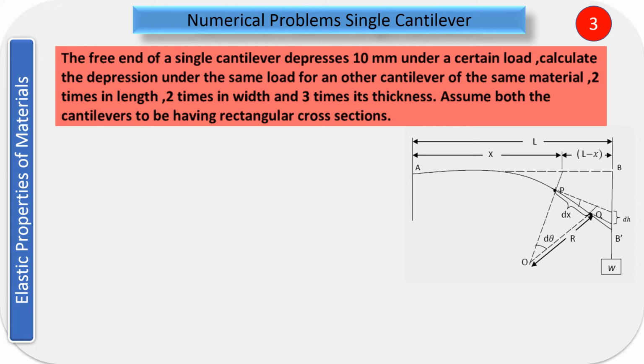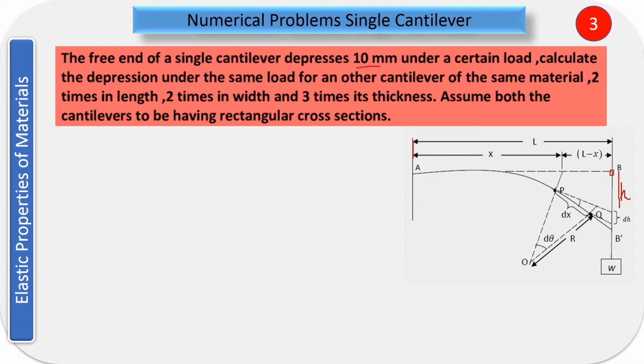So what you are going to do in this cantilever, this is your fixed end, and this is your free end, and at this free end you are going to put the load. Let us suppose you have given a certain load, and under this load you have produced a certain value of depression. This is your depression, and we have called the depression H. We have already calculated the formula for H, and this value of H is given. So the depression is 10 millimeter.